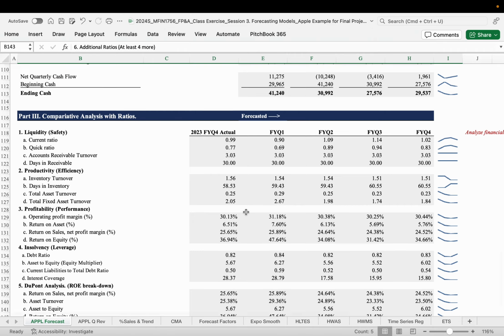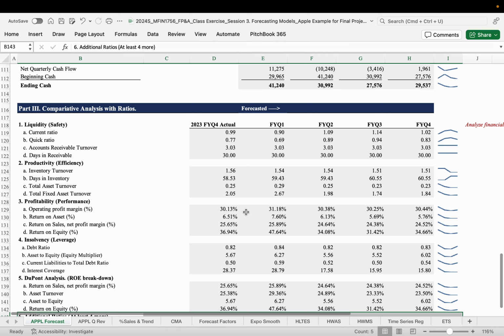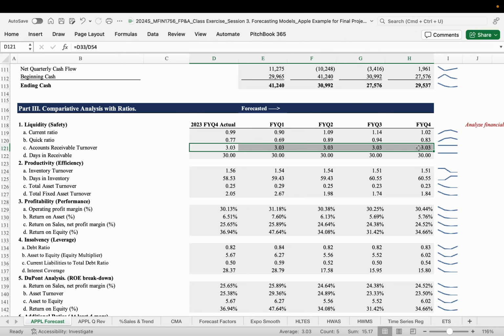So that's why you have to go back and forth, back and forth. For example, asset receivable turnover is stagnant. Is that the assumption that I wanted to see in the upcoming four quarters? Or the quick ratio is increasing, right? Is that the right assumption that I want to see?